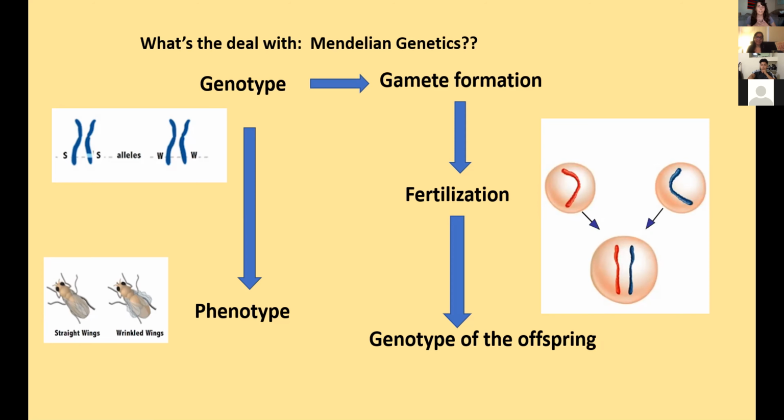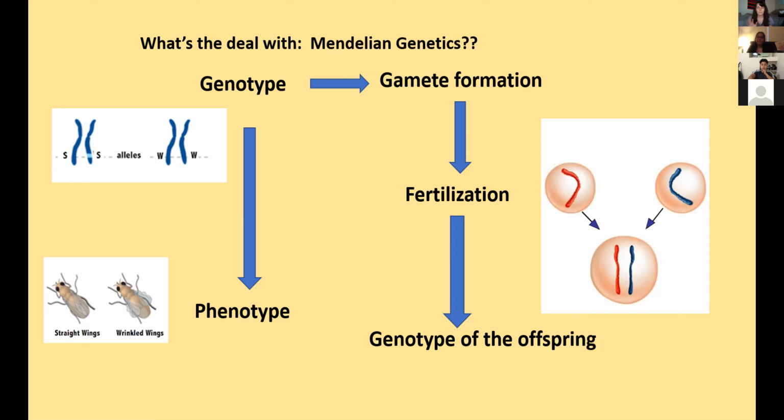And then when fertilization occurs, they mix up and they find their match, and then they create the genotype of the offspring. They can find a match and it can be a homozygous pair, which means that, say it's the big W and the big W, they meet each other after fertilization, then that's homozygous, or it could be big W, little w, and that could be heterozygous.